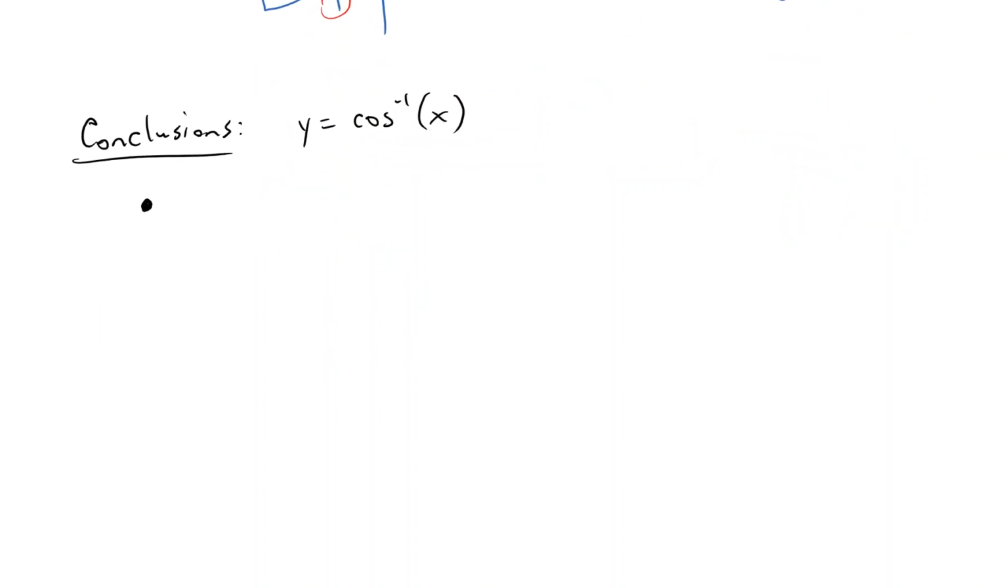So the domain, the inputs to this cosine inverse function, the x values have to be between -1 and 1. They can equal -1 and 1 because we know if the leg is equal to 1 and the hypotenuse is 1, that just means we're on an axis. But it can't be outside of -1 and 1. It has to be within those limits. So that's our domain of this function.